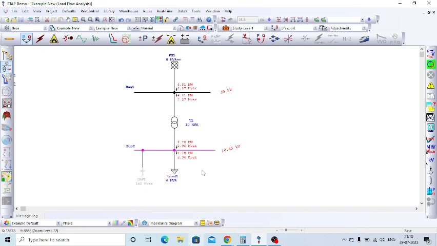Okay, so you just see that the load is drawing 2.96 MVAR of reactive power from the supply. That supply is coming from the source, that is the power grid.